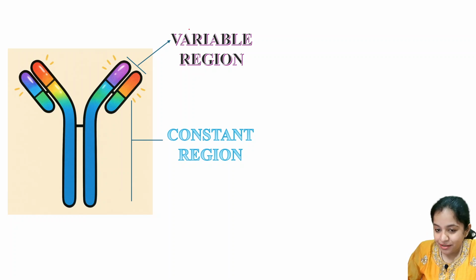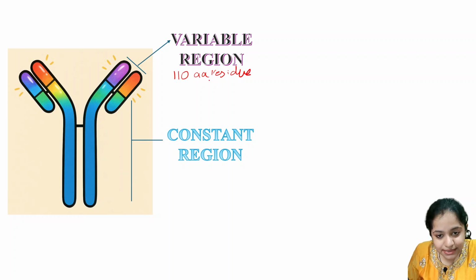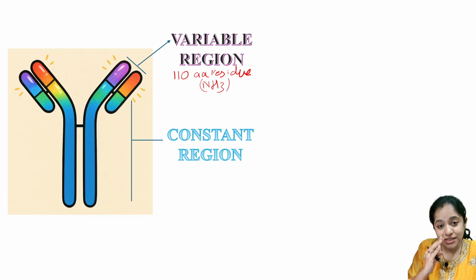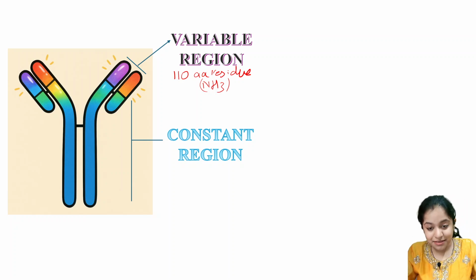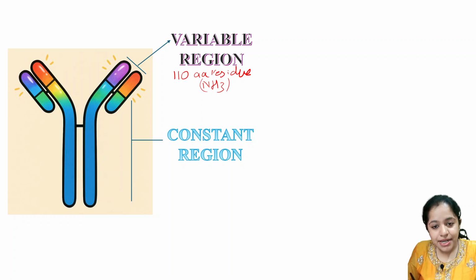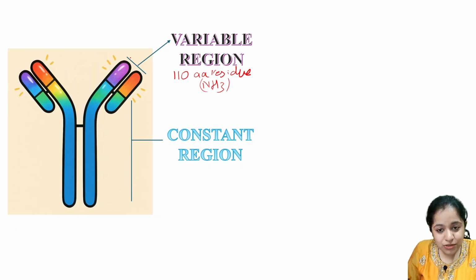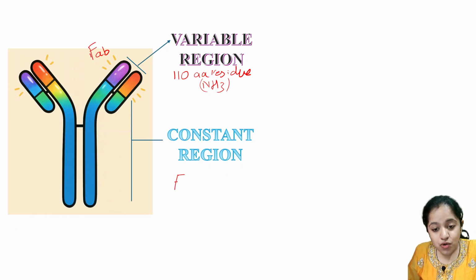Now, the variable region is the first 110 amino acid residues near the amino terminal, the NH3 terminal. The first 110 amino acid residues make the variable region and the rest makes the constant region. This variable region is also called the antigen binding fragment, and this constant region is also called the constant fragment.